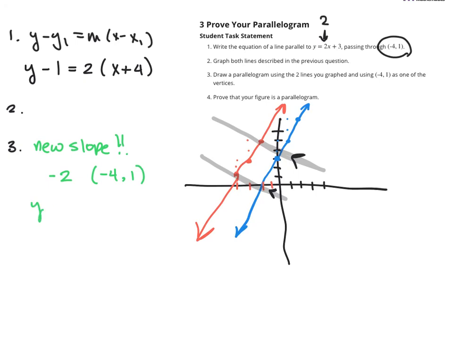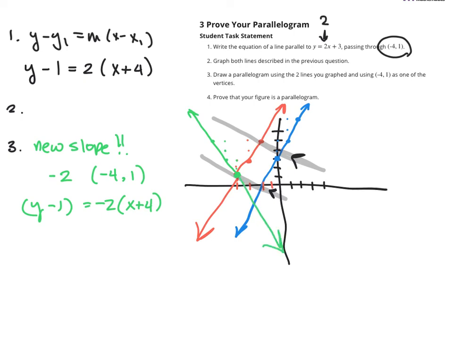So I'm going to say y minus 1 equals -2 times (x plus 4). So if I'm right here, I'm going to go a rise of 2 and a run of -1, a rise of 2 and a run of -1. So my gray line isn't quite right, but that's okay.